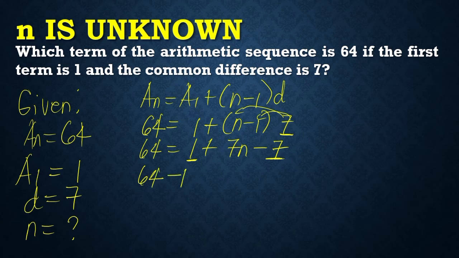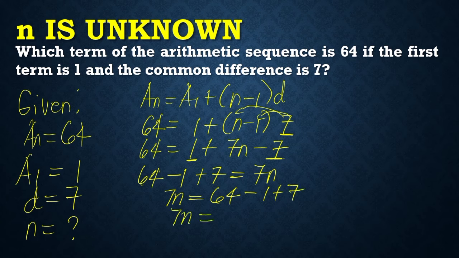So, dahil positive yung 1, magiging minus 1. Yung negative 7 magiging positive 7 is equal to 7n. Now, pwede natin isulat na 7n is equal to 64 minus 1 plus 7. So, 7n is equal to 64 minus 1, that is 63, plus 7, that is 70.